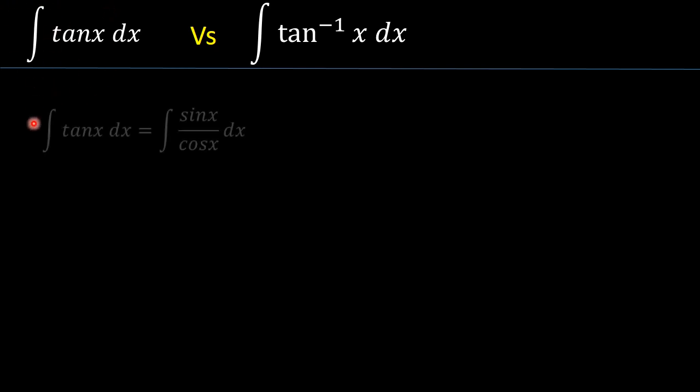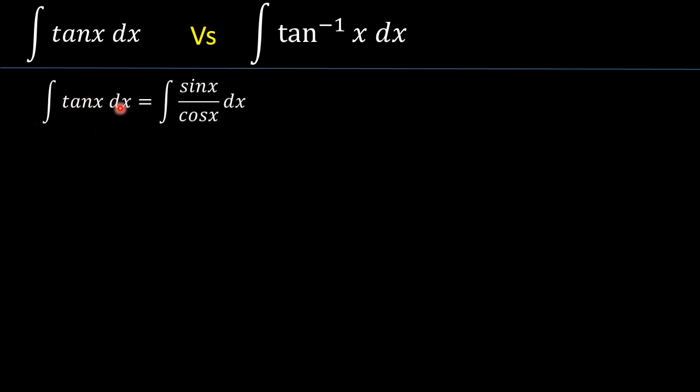In the first case, we look at tangent of x as the same as sine x over cosine of x. By so doing, we can let our u be the bottom, u equals cos x. Some of you will ask why I didn't let u be sine x.